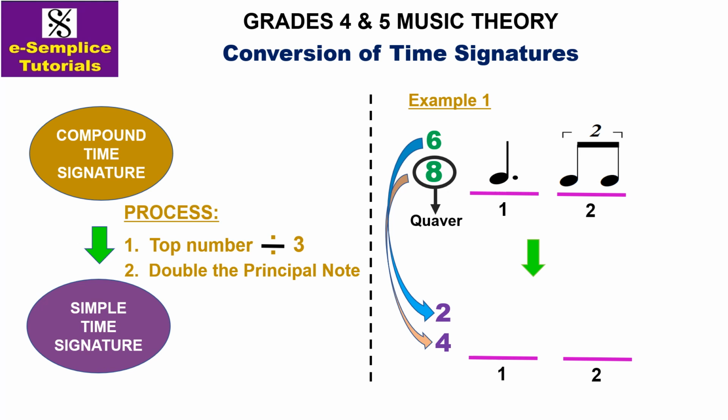All you do for beat 1 in 6/8 time, knock off the dot. So your beat 1 in 2/4 time becomes a crotchet. And for your beat 2 in 2/4 time, just knock off the duplet sign and you'll have 2 quavers, making the second main beat.